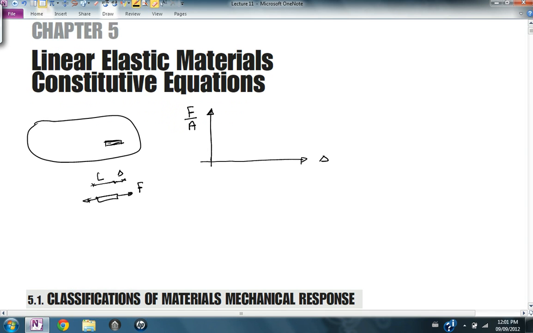And drawing the relationship between F over A and delta over L.